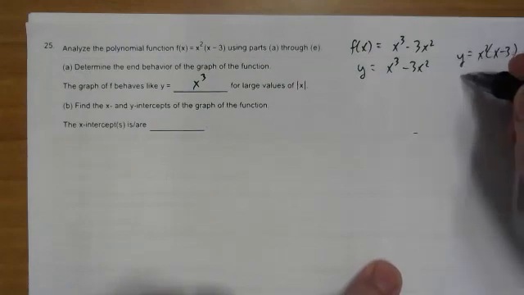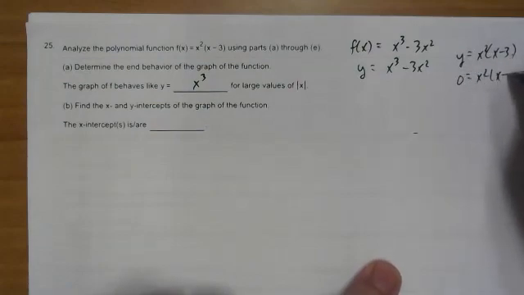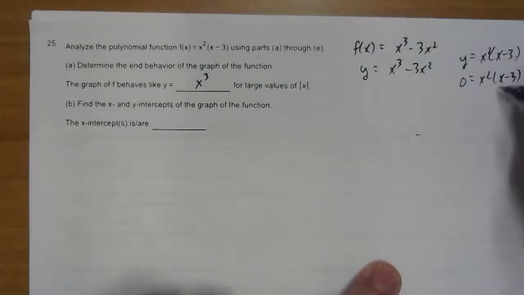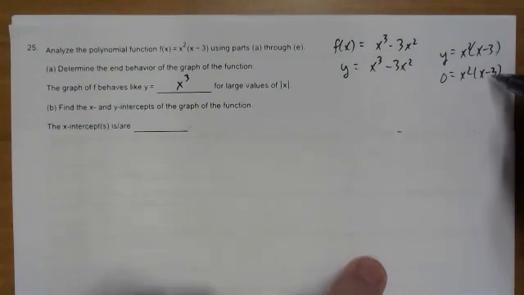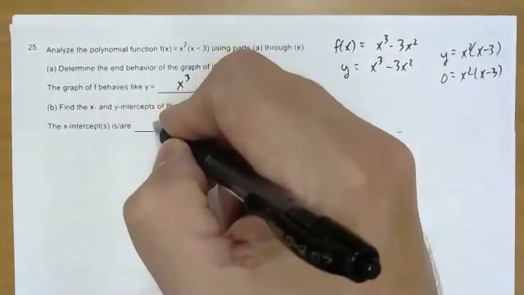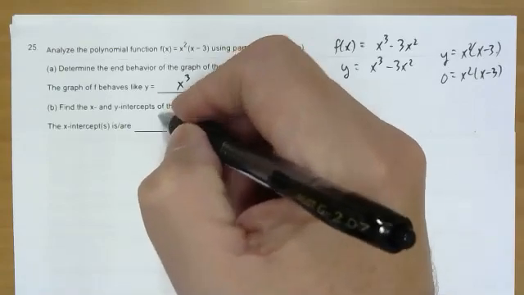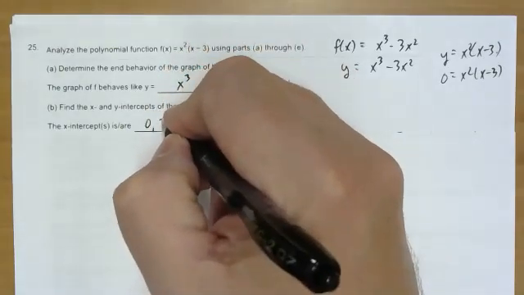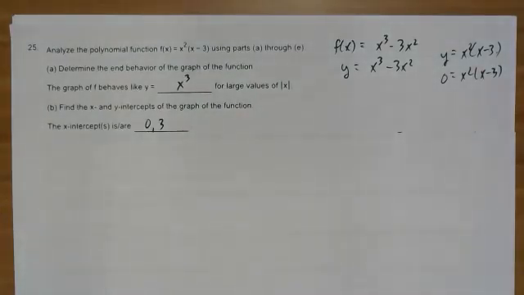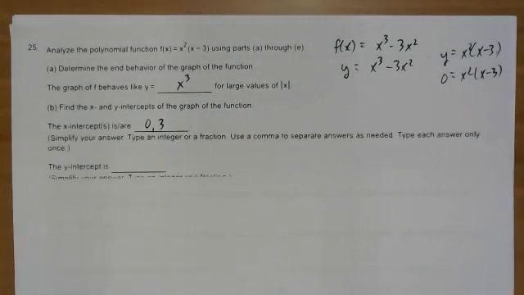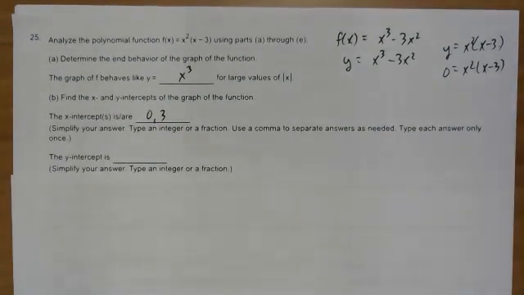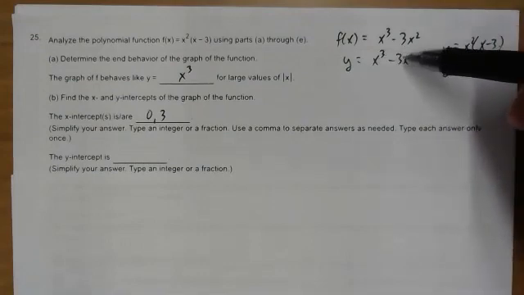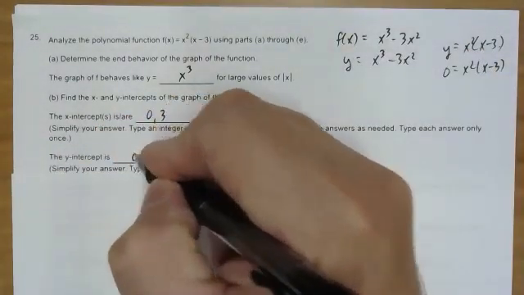So if I set this equal to 0 and solve it, I want to look at the factored version, and the solutions would be x is 0 and x is 3. So the x-intercepts are at 0 and 3. To find the y-intercept, you take your equation and set x equal to 0. If I put in 0 for x, what's y got to be? 0.